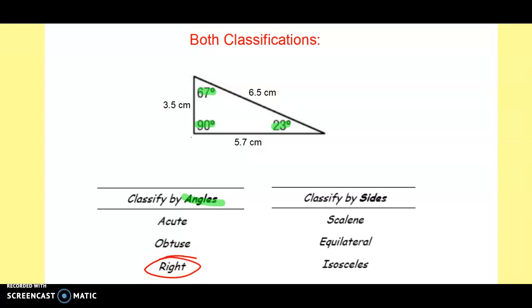If we're classifying by sides, we need to make sure that we're looking at the numbers on the outside of our triangle. So in this case, we have 3.5, 6.5, and 5.7. Those are all different. So if you remember our definition, scalene is the term for when all of our measurements are different in a triangle. So this would be a right scalene triangle.